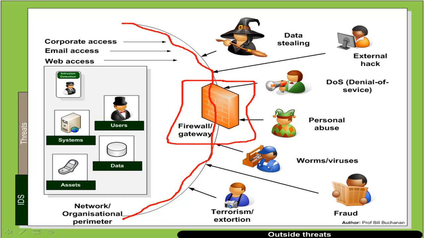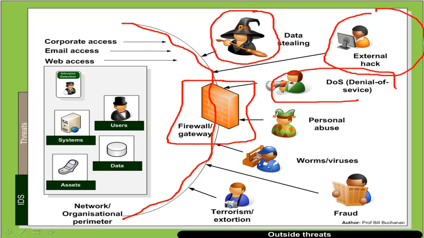Typically most organizations have just a few of these gateways, as it can become difficult to protect against external threats if there are more than one gateway. We obviously have data stealing influences from outside, external hacks, denial of service attacks, personal abuse, worms and viruses, fraud, and terrorism.